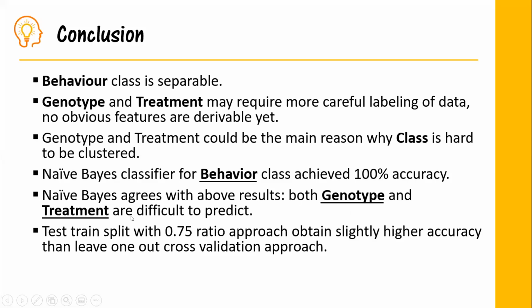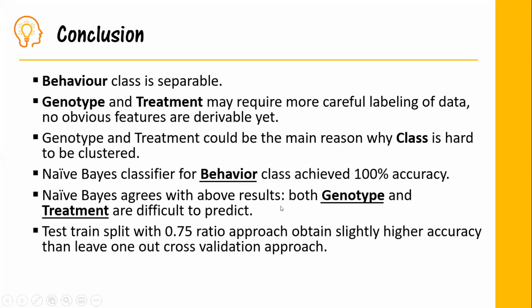So in the previous result, we can see that the train test split with 0.75 ratio approach obtained slightly higher accuracy than the leave one out cross validation approach. This is because there is randomness in splitting the data set into the test and training set. So sometimes it can give higher accuracy, while sometimes it can give low accuracy.